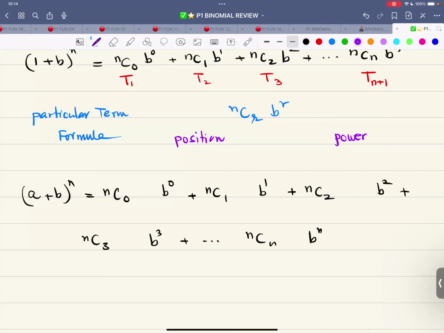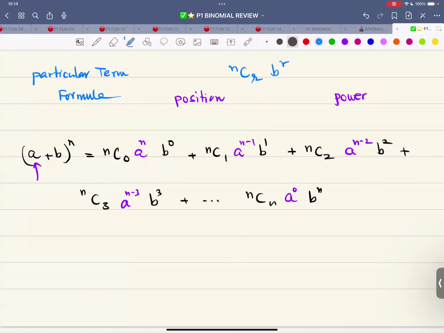Now, what about this a over here? a^n, a^(n-1), a^(n-2), a^(n-3). And let me just write this in properly over here, a little bit bigger. And then we are writing a^0.